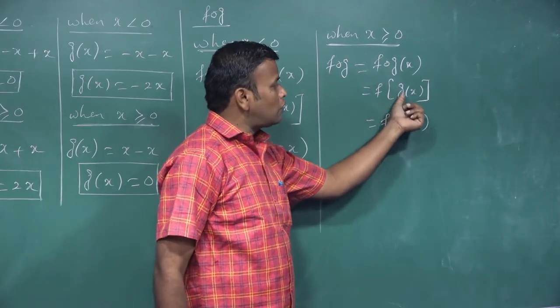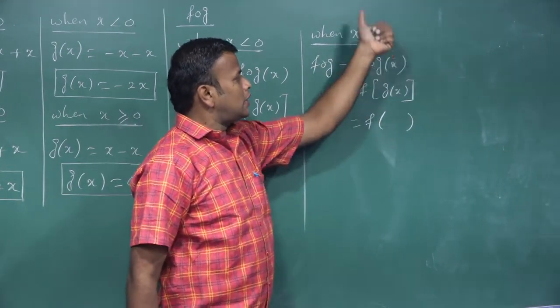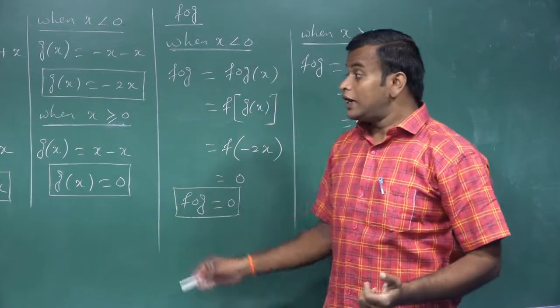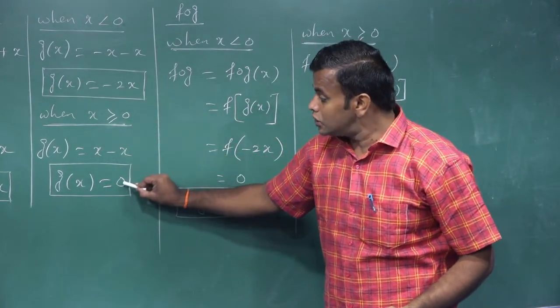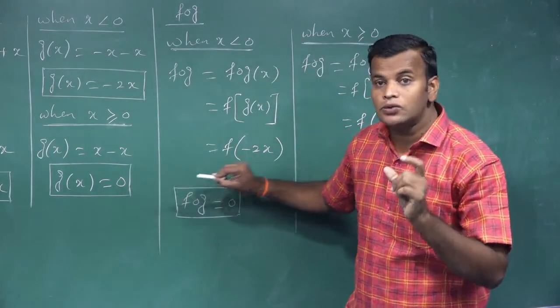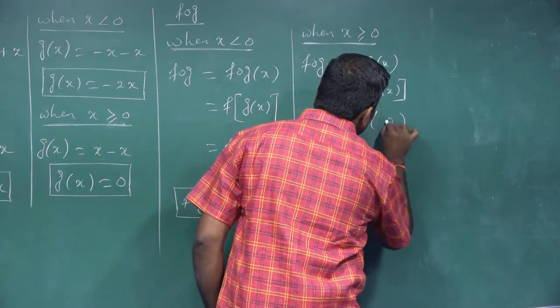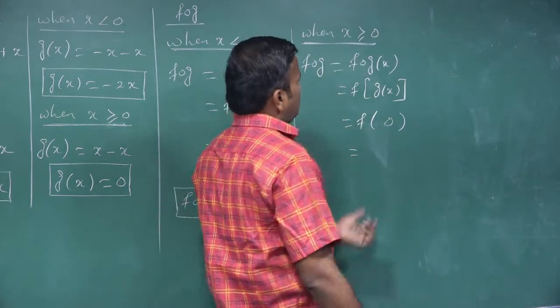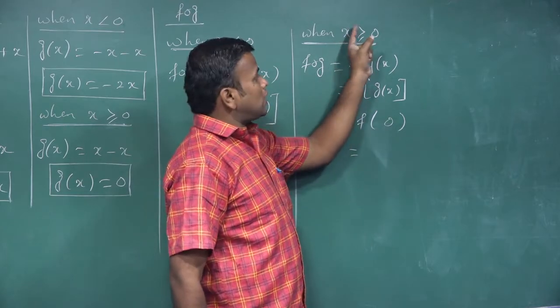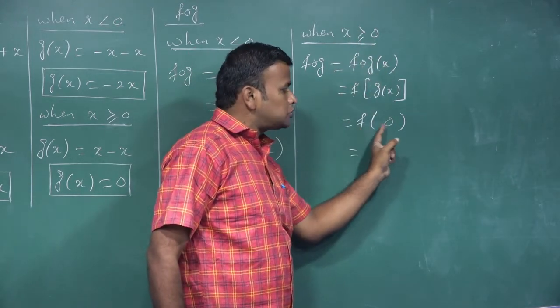Now what is the value of g of x when x is greater than or equal to 0? When x is greater than or equal to 0, g of x value is defined as 0. So we enter the value 0. Next, what is the value of f of 0?